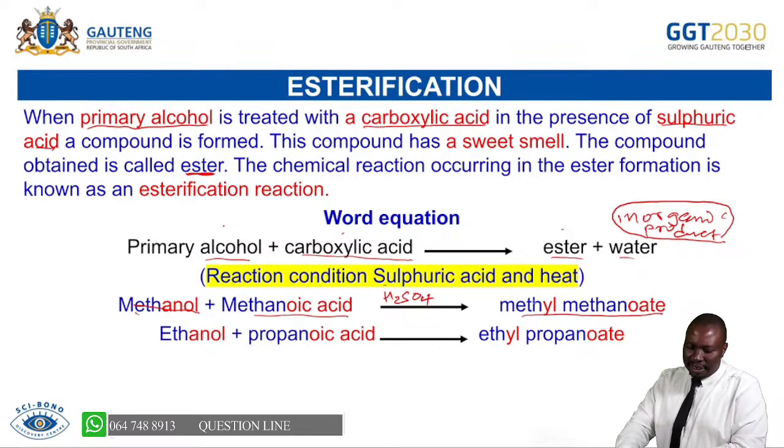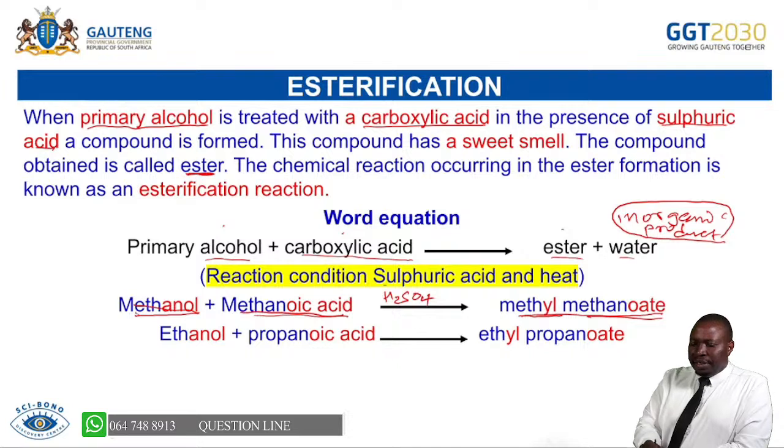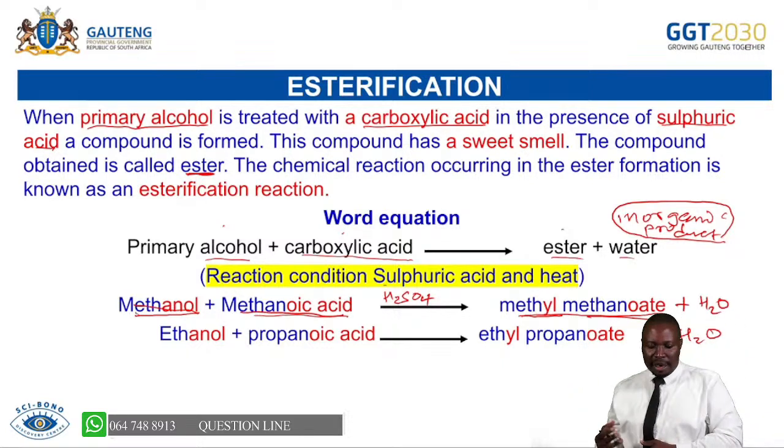Now, what am I saying? We have methanol plus methanoic acid, and they are going to form methyl methanoate. This methyl methanoate is an ester, plus water. There must be water as well because two products are formed, an organic product and an inorganic product.